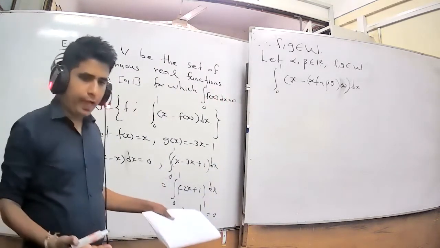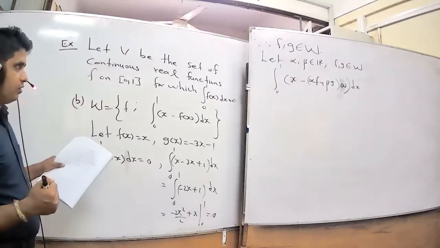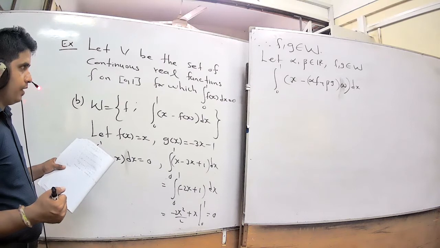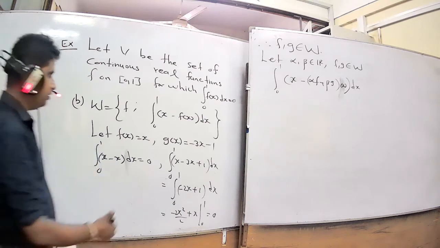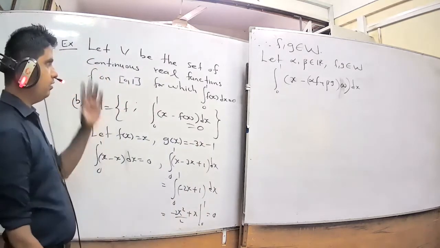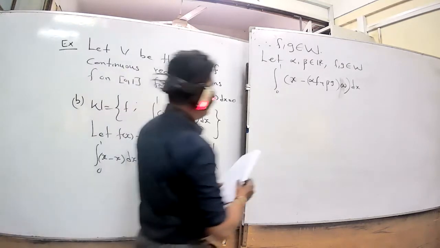For any values of alpha and beta, if this integral is 0, then it is a subspace. Therefore, you can use some values for alpha and beta.